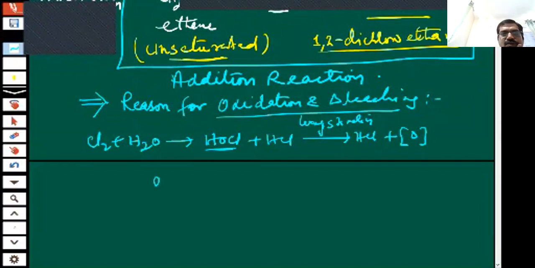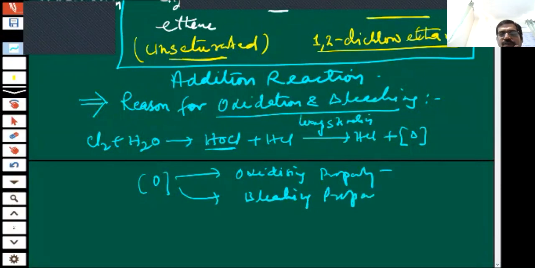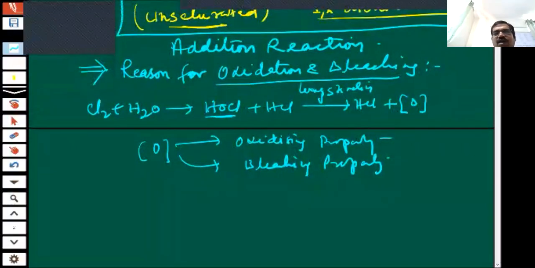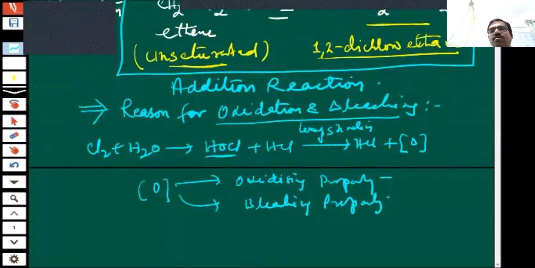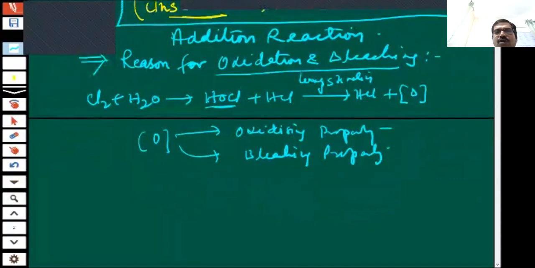This nascent oxygen can be used for oxidizing property and for bleaching property. Bleaching means it will decolorize the colored material. So responsible for oxidizing and bleaching is the nascent oxygen.